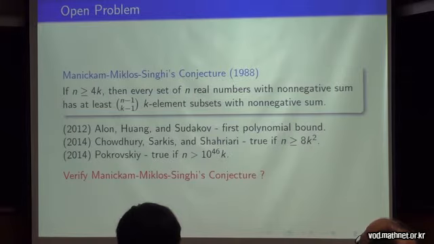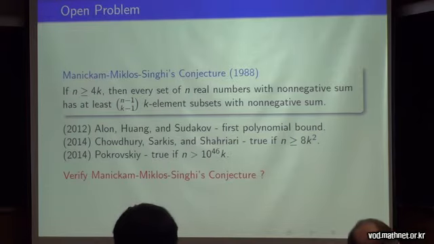In 2012, Alon, Huang, and Sudakov gave the first polynomial bound for this conjecture, and Pokrovskiy proved this conjecture is true if n is greater than or equal to a k squared. Pokrovskiy's bound is true if n is greater than 10 to the 46 k.